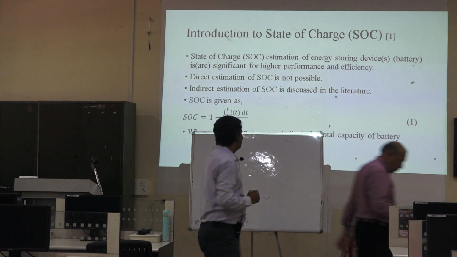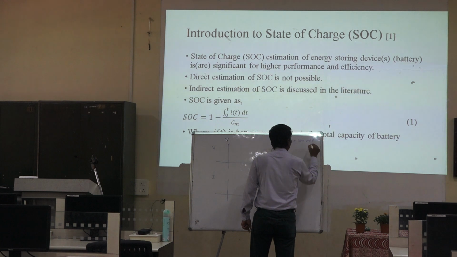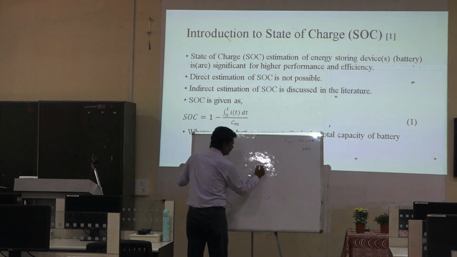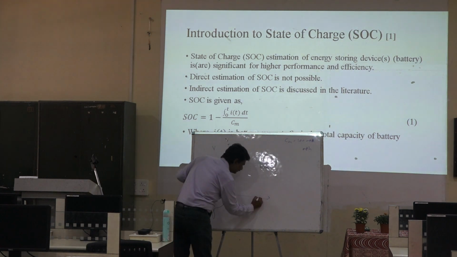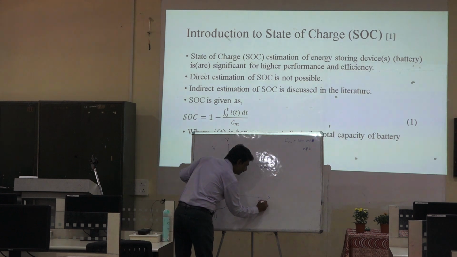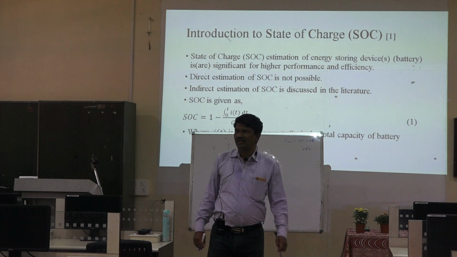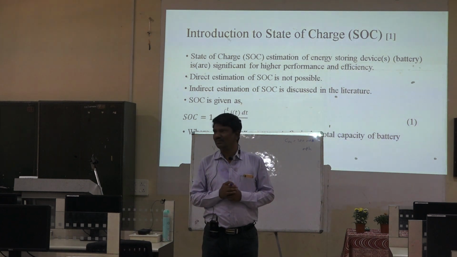For example, suppose Cm is 100 mAh, milliampere hour. So when we purchase the battery, it has the full capacity, assume 100 milliampere hour.